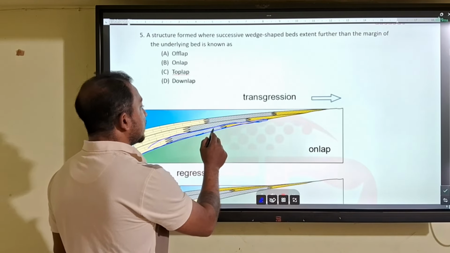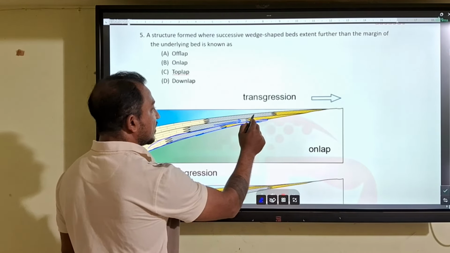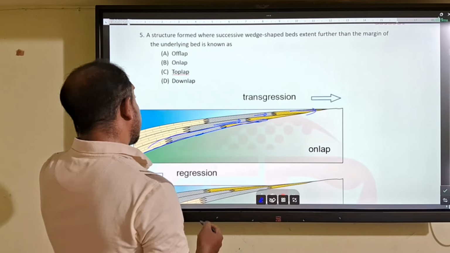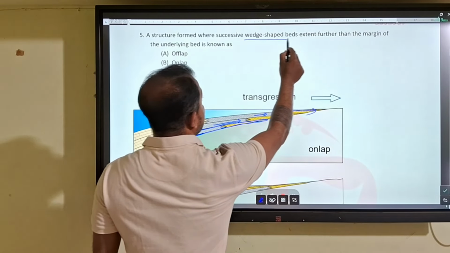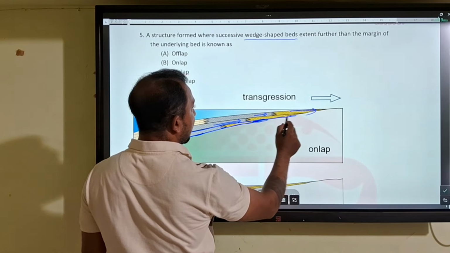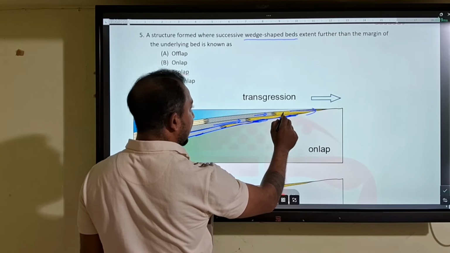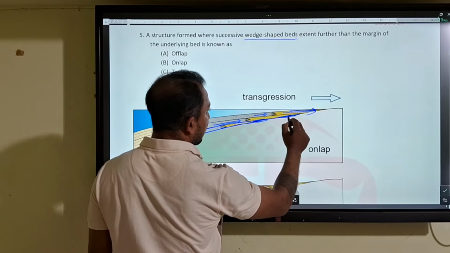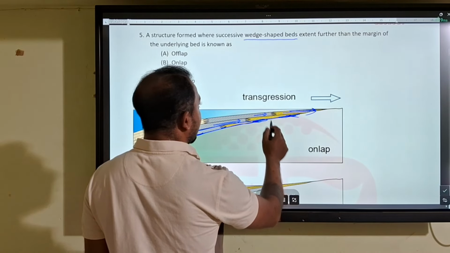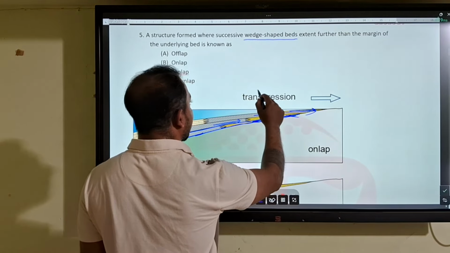So that's why the deposition will advance in the direction of the land. That indicates that successive wedge-shaped beds extend further than the margin of the underlying bed. Suppose this is the underlying bed, so the overlying beds extend beyond the margin of the underlying bed. This condition occurs during transgression, which is called on-lap.